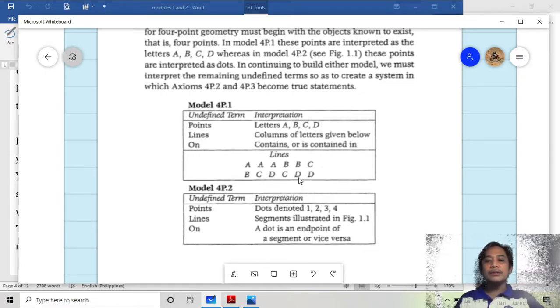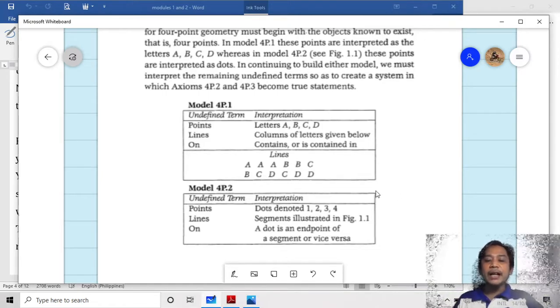Then for columns containing C, which do not contain A and B, we have CD. There can be no other pair that can be made, hence we have these lines. So we see that each pair is on exactly one column. There is no pair that is duplicated in other columns. So this model satisfies the second axiom.